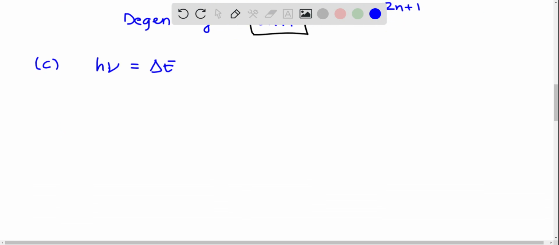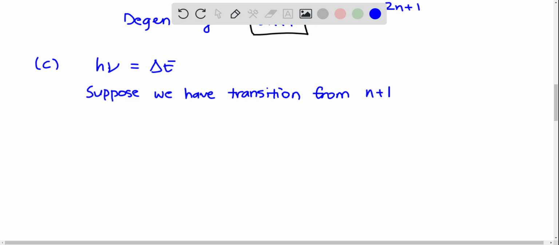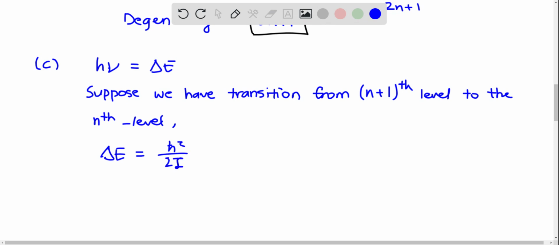So suppose we have a transition from the n plus 1 level to the nth level. Our delta E is equal to h bar square over 2I.